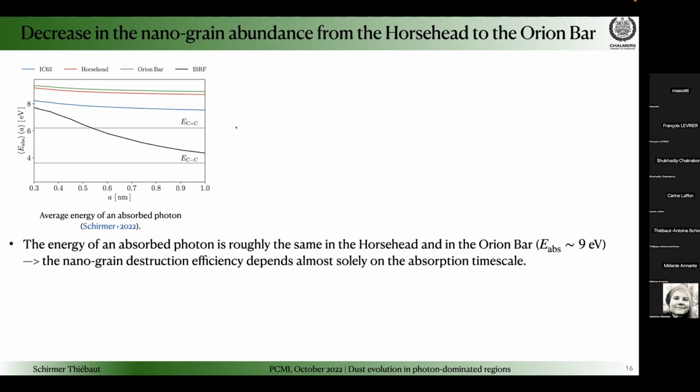So from this figure, we're now going to focus on the destruction of the nanograins. Here you see that the average energy of a photon absorbed by a dust grain is almost the same in the Ørsted and in the Orion bar, which means that if there are differences in the nanograin destruction efficiency, it depends on the absorption timescale only.